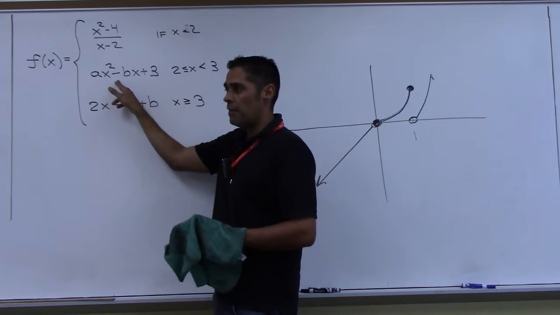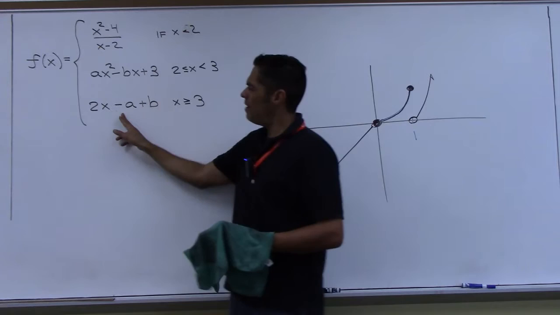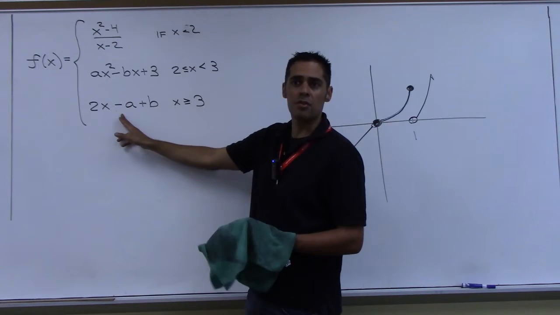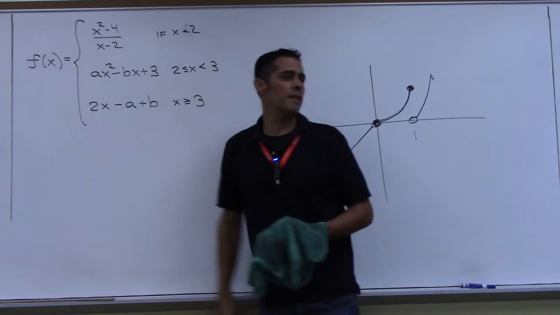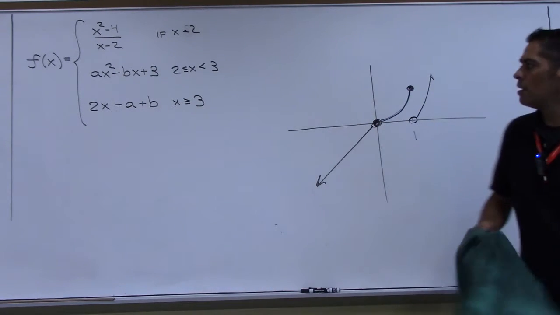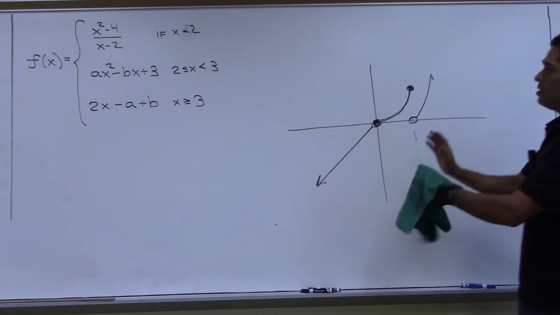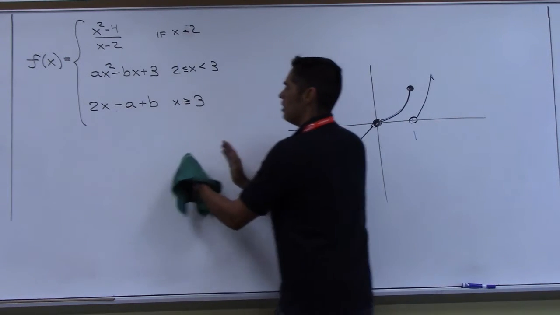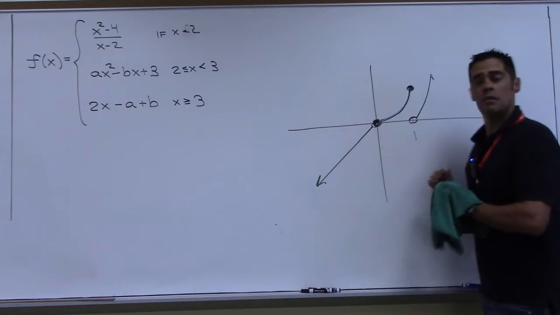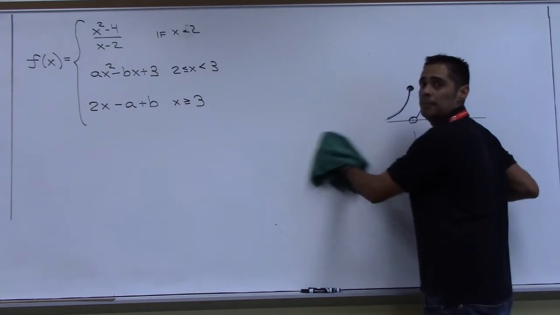This is a quadratic function or a parabola, and this is a linear function. If we're assuming a and b are just numbers, this would be a line, a parabola, and a rational function. That's what we have. And so if we graphed them, in these 3 different regions, we should have like a rational function, then a parabola, and then a line, yeah? So what is the question asking?